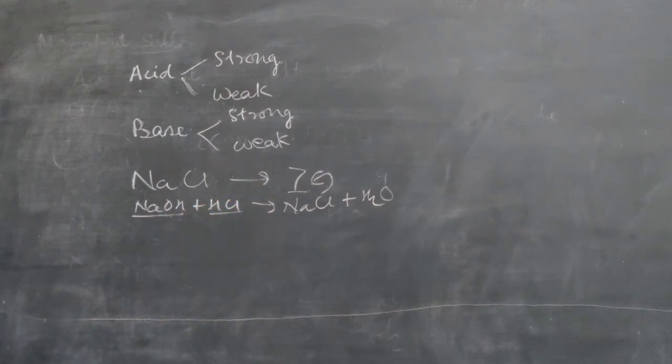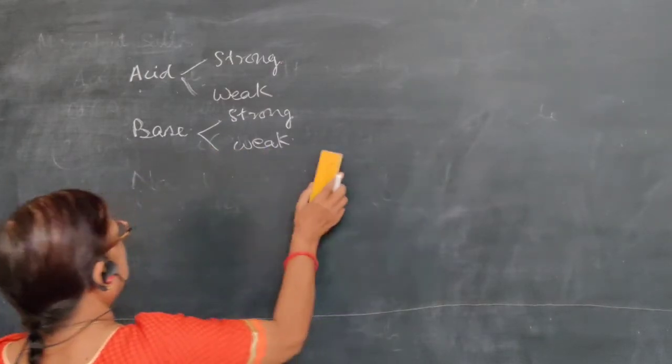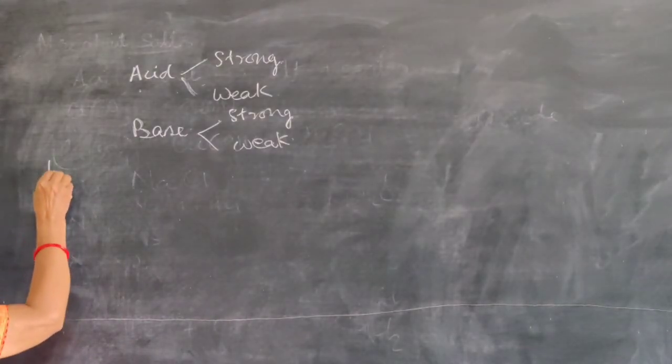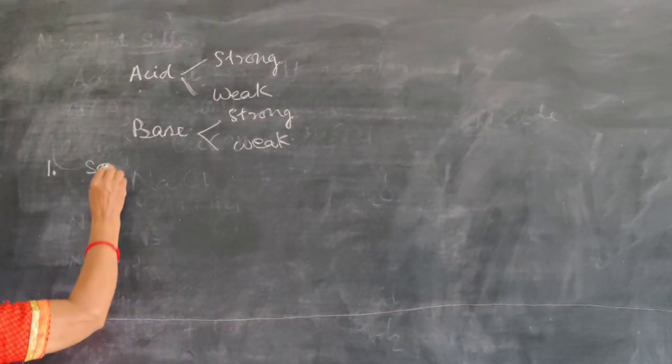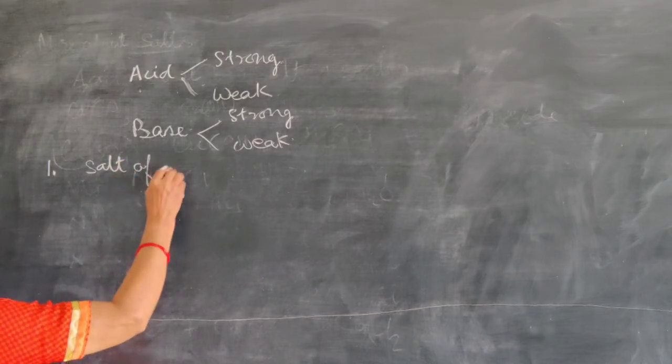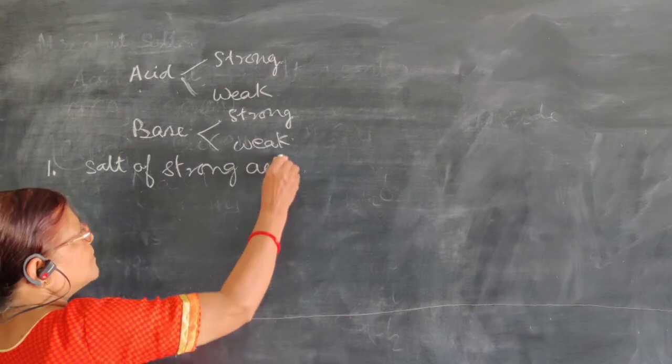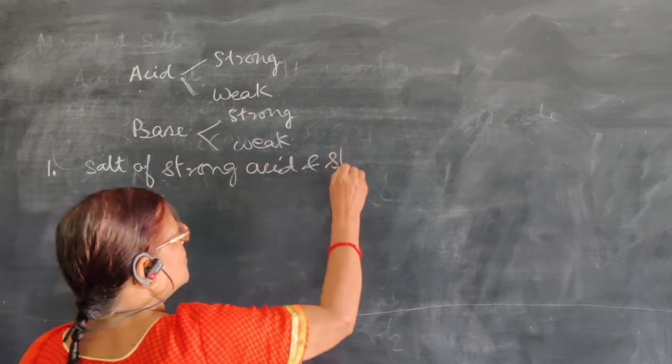But when there is a change in the acid and base, that means a weak acid or a weak base, then they can be classified. Then we can write the pH on the basis of the acid and base taken. First, we can write a salt of strong acid and strong base.